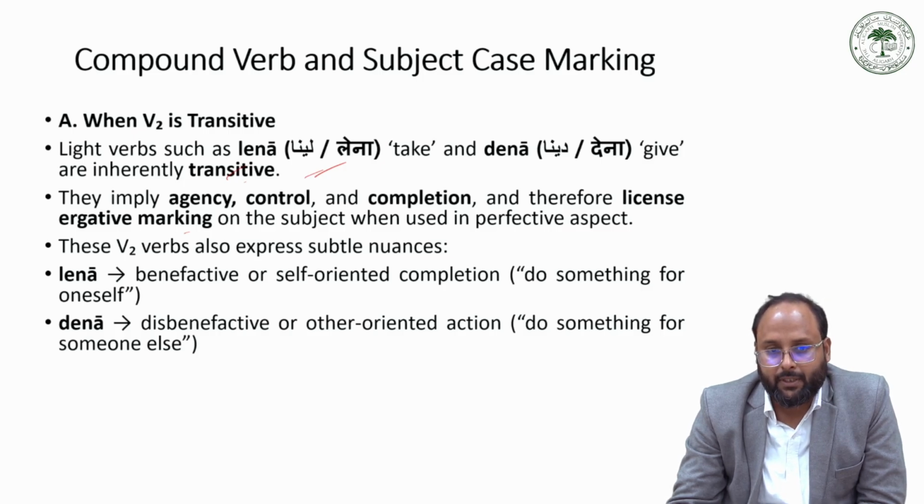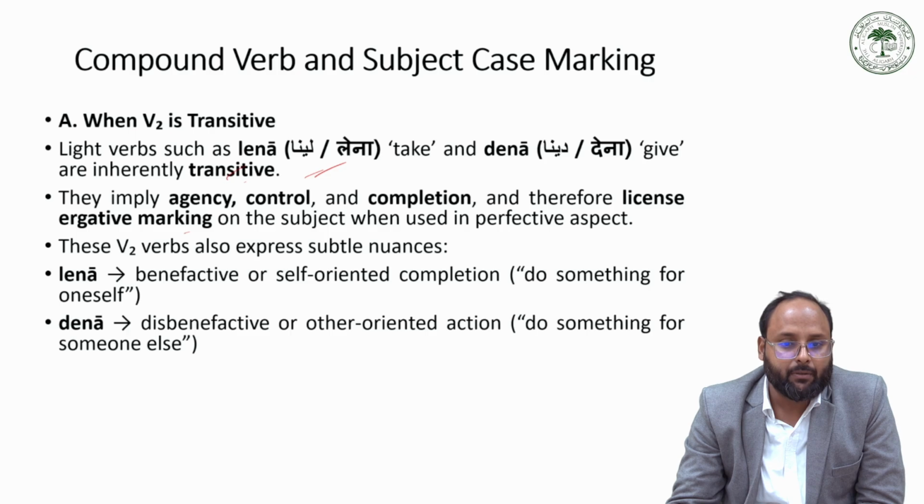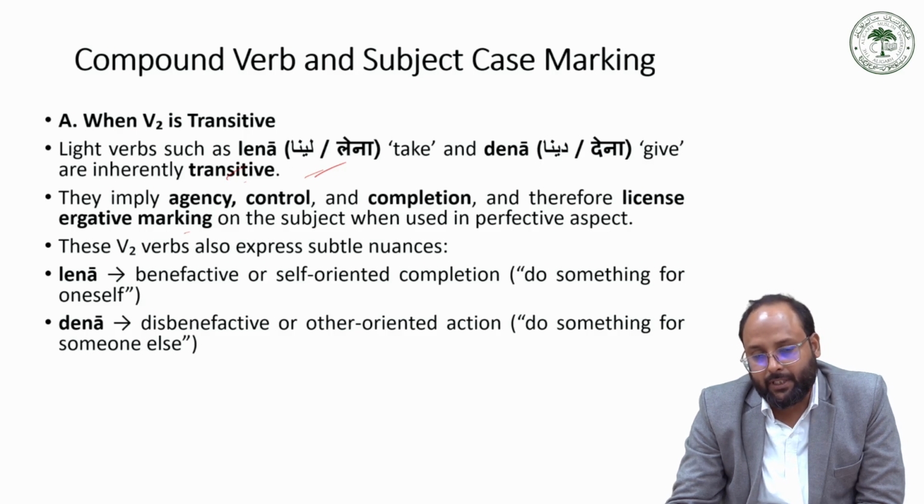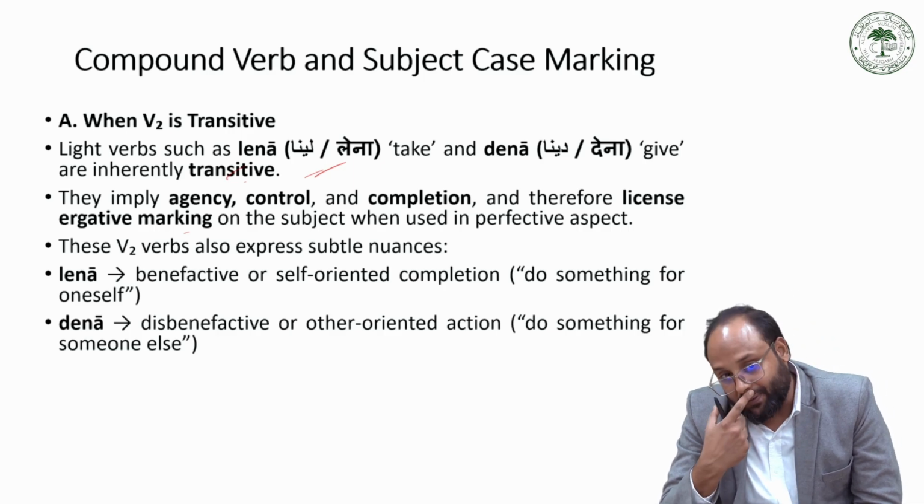The agent would be the subject because it takes the ergative case. And V2 expresses other nuances like benefactive or self-oriented, or other-oriented action, like lena and dena. Lena is to do something for oneself and dena is to do something for someone else. They also have some role in agency and control.